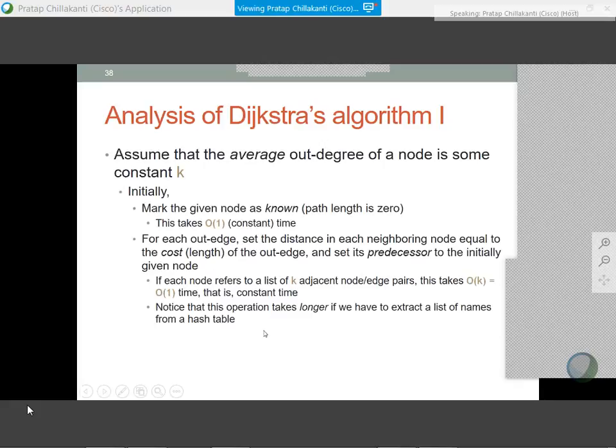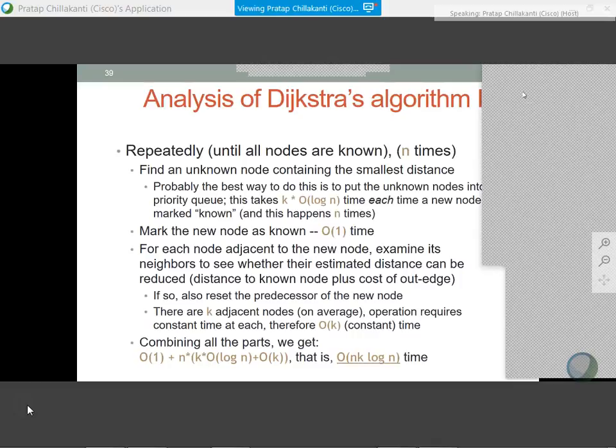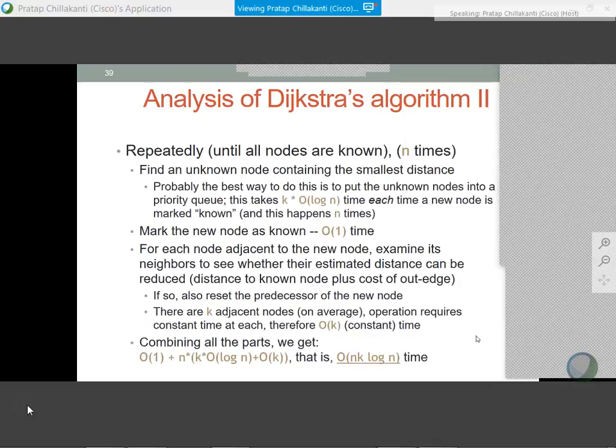So you can convince yourself about that analysis, okay? Because you have the algorithm, right? So go back to these bullet points, map it to the algorithm, and then convince yourself that that analysis is indeed correct, okay?